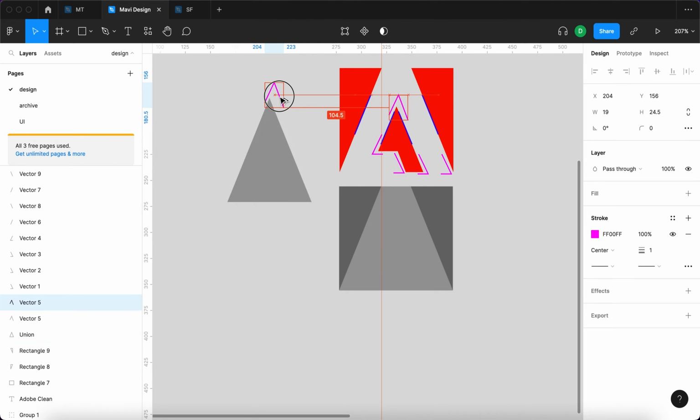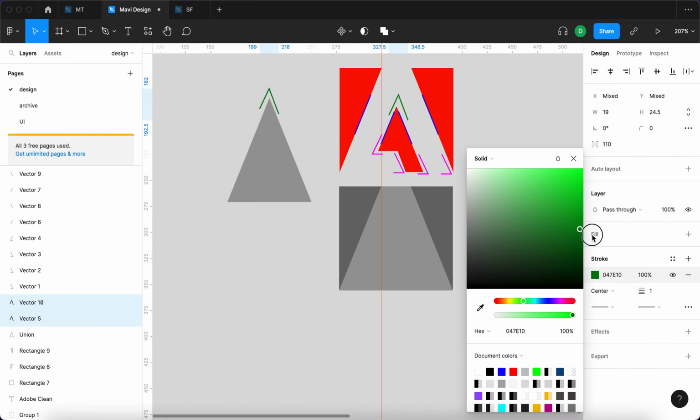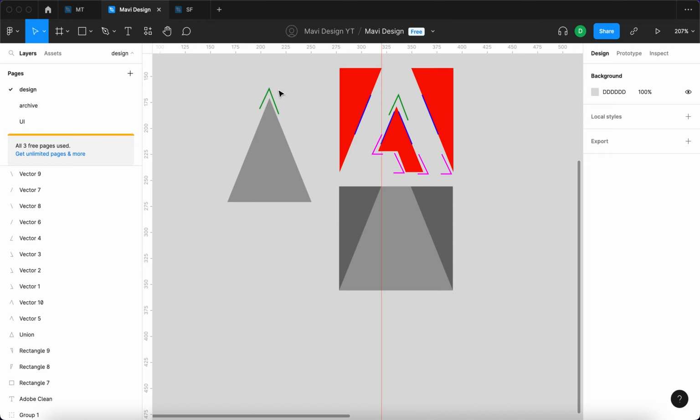So these two angles are going to be identical. I think that is a reasonable assumption to make, that this is the identical angle.